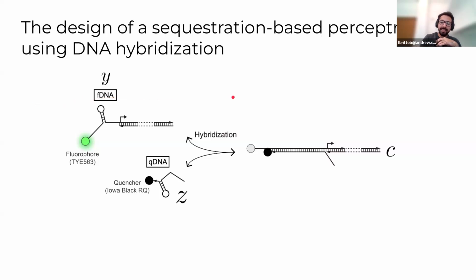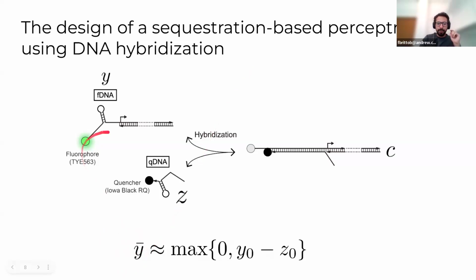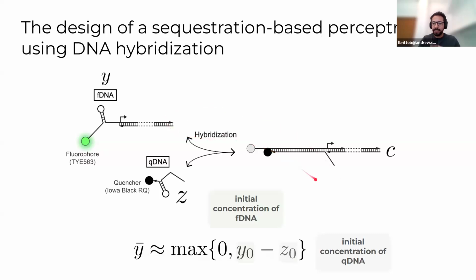When we solve for the steady state under the assumption of very fast sequestration, which is very feasible, even real in this kind of case due to the complementarity of the strands, we get this expression. So the steady state of our fDNA can be approximated as the maximum operation between 0 and the subtraction between the initial concentration of fDNA and the initial concentration of qDNA.